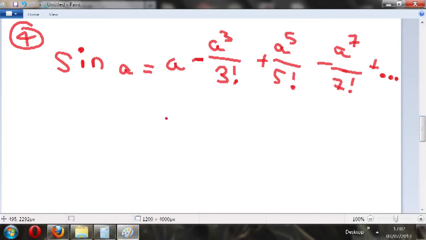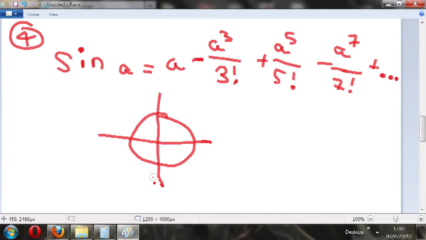And yeah, obviously you've got the unit circle like that. Well, kind of. Yeah, all these are going out.